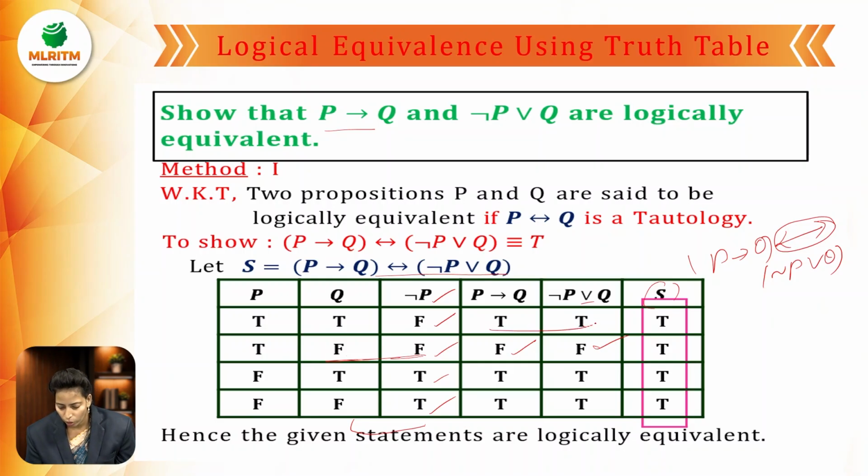Identical means both false or both true. Observe the last column: all are true. So this is the first method to prove logical equivalence.